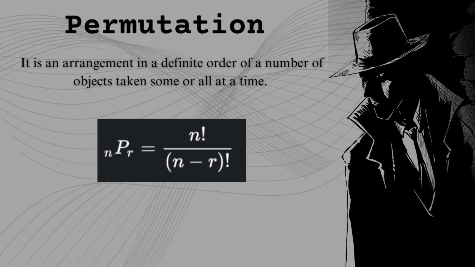The number of permutations of n different objects taken r at a time, where 0 less than r less than or equal to n, and the objects do not repeat, is n into n minus 1 into n minus 2 up to n minus r plus 1, which is denoted by nPr. Simplifying, nPr equals n factorial by n minus r factorial.